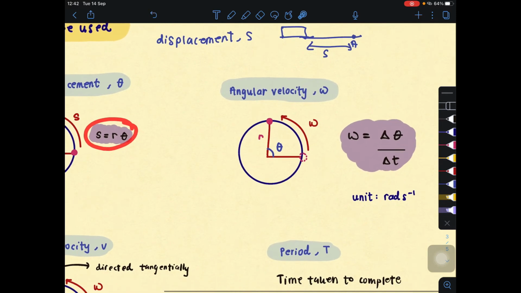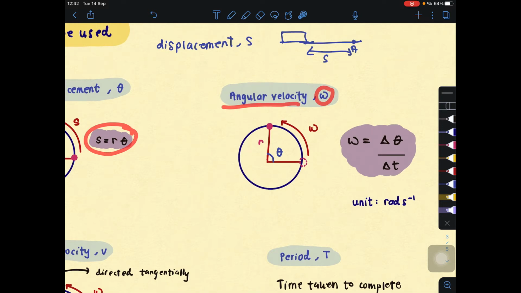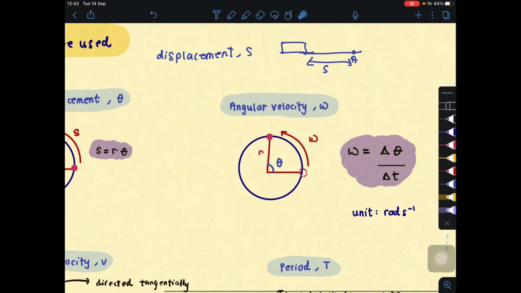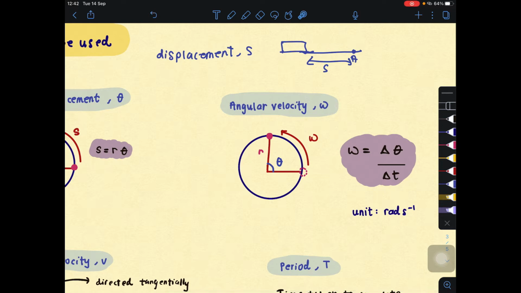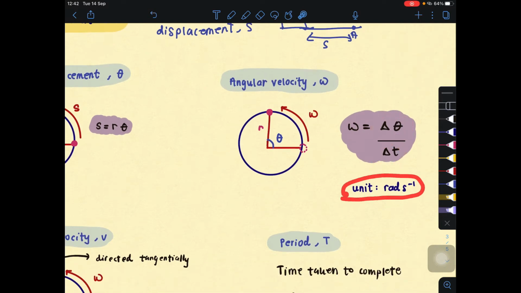And then next one we have angular velocity, which is using the symbol omega. So in circular motion, the object is moving with angular velocity. Maksudnya daripada sini ke sini, ni adalah angular velocity dia. Di mana angular velocity adalah sama dengan delta theta divided by delta t, which we are using the unit radian per second.